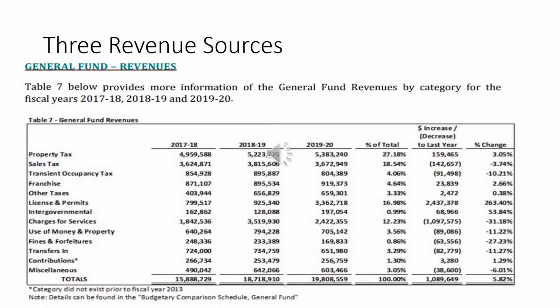The second source of revenue are collections from sales taxes. Sales taxes can be generated from different sources, including sales and use taxes, cannabis taxes, and the Cabazon outlet, which I frequent often. For the 3 financial years spanning from 2017 through 2020, the City of Banning managed to raise over 18% of its revenues from sales taxes.